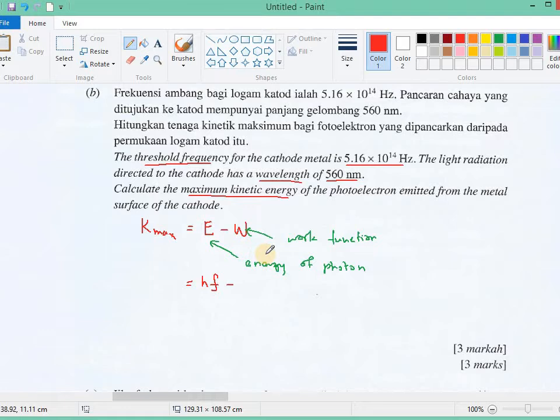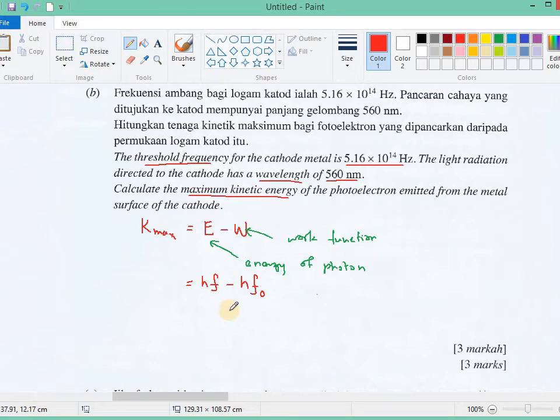The work function is the minimum energy needed for the electron to escape, so we take Planck constant times the threshold frequency.